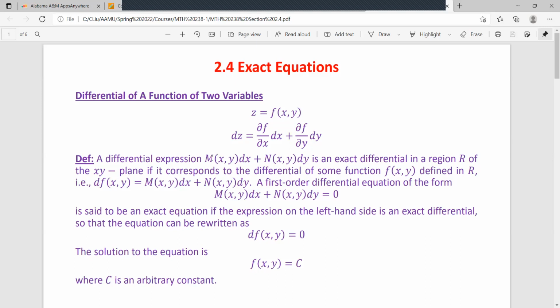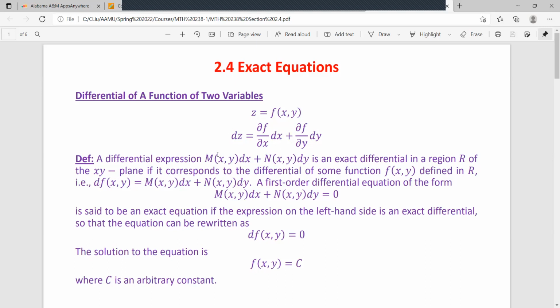If we can rewrite this M dx plus N dy as a full differential df or dz, where the differential of a function z equal to f is defined as partial f partial x dx plus partial f partial y dy.